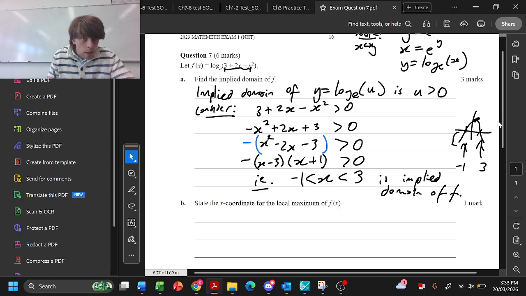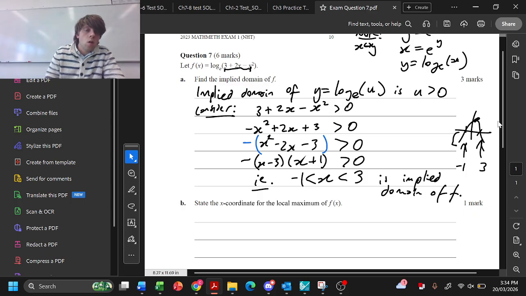Now, that might seem a bit hand-wavy. I know it is. Later on, when we get up to calculus, you'll have a way of actually proving this by calculating the derivative and working out when that's equal to 0. For now, it's enough to sort of speculate. Most likely the maximum of this function is going to occur when that quadratic term is at its maximum.